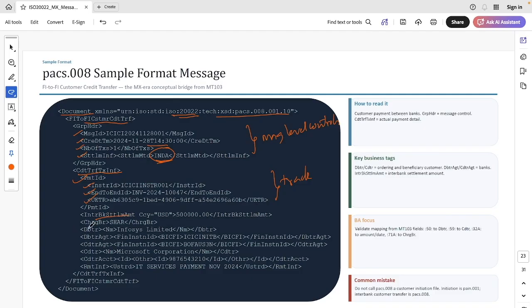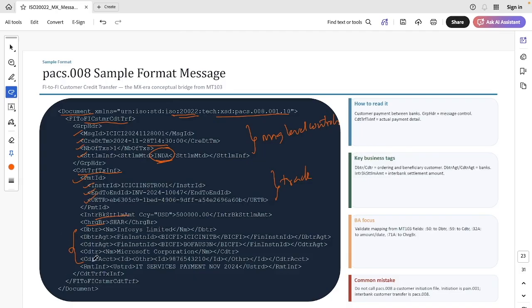Then we see the charge bearer, how the charge will be borne by the payer and the payee. Then we have the debtor agent, creditor agent and creditor account information. In business terms, this identifies who is paying, which bank is sending, which bank is receiving, and who the beneficiary is.